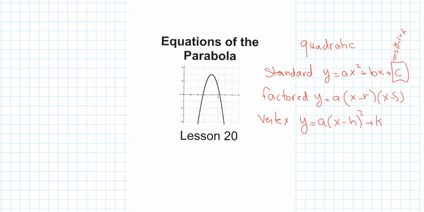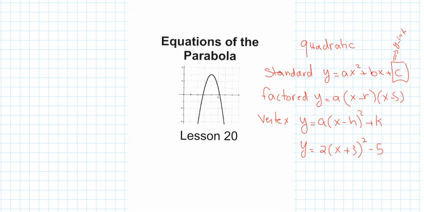You have a number, and then inside the bracket you have x minus or plus a number, close bracket squared, and then plus or minus a number outside the bracket. Okay, so an example for this would be, let's say, y equals 2(x plus 3) squared minus 5.